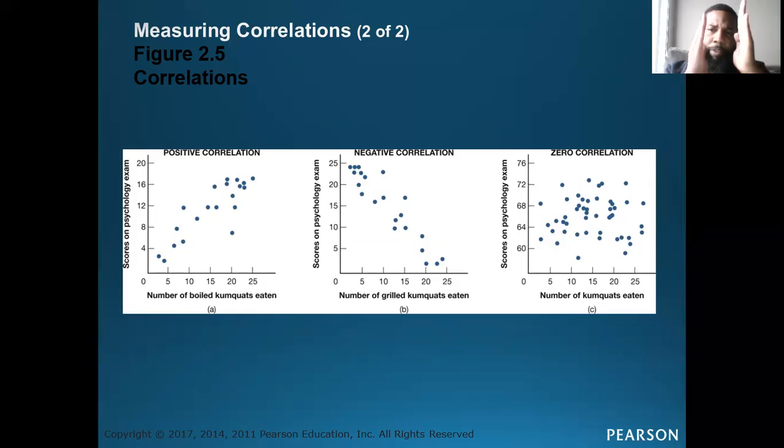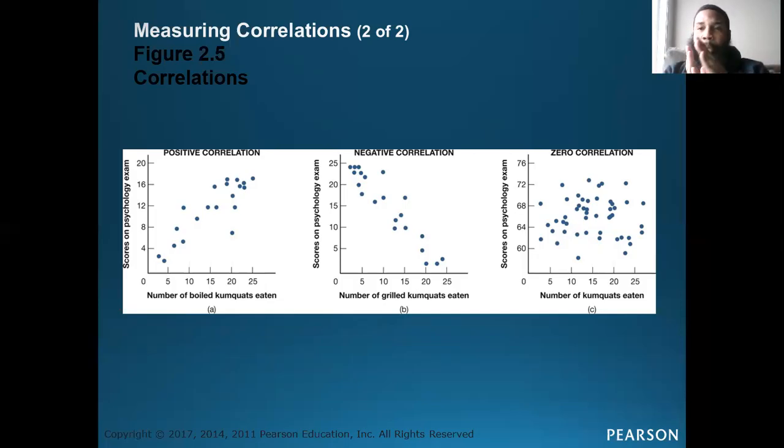Variable A goes up, variable B goes up, right? So we might say scores on a psychology exam and then the number of kumquats eaten, right? And so the more kumquats that you eat, the higher your score will be on your psychology exam. So that's a positive correlation. As one goes up, the other goes up.